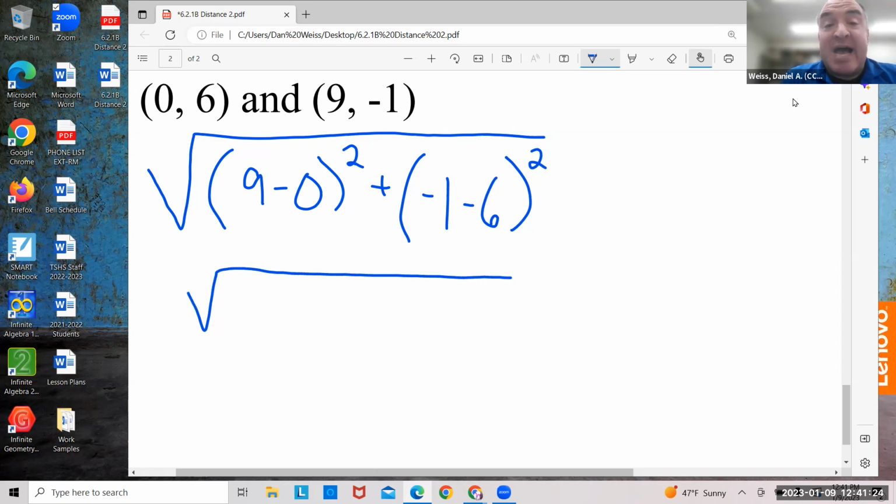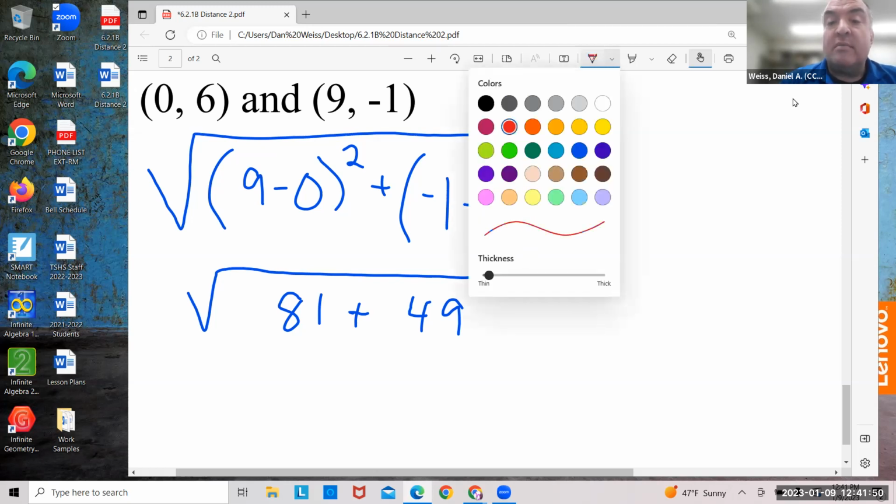Nine minus 0 is 9, and 9 squared, 9 times 9 is 81. -1 minus 6 is -7, and -7 times -7 is positive 49. 81 plus 49 is 130.